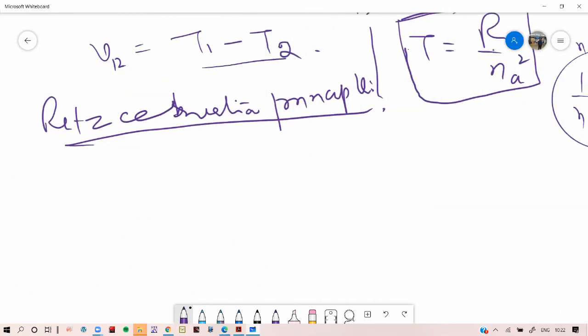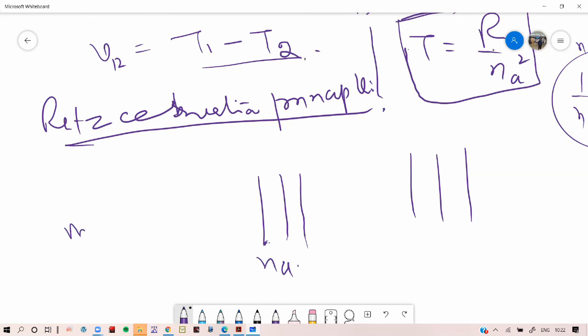So ν1,2 was the difference between two different lines. If we have a line here with Na, and this line corresponds to, for example, Na equal to 1, for any atom other than hydrogen, and Nb is infinity. There is some line which occurs, going from one level to another level.